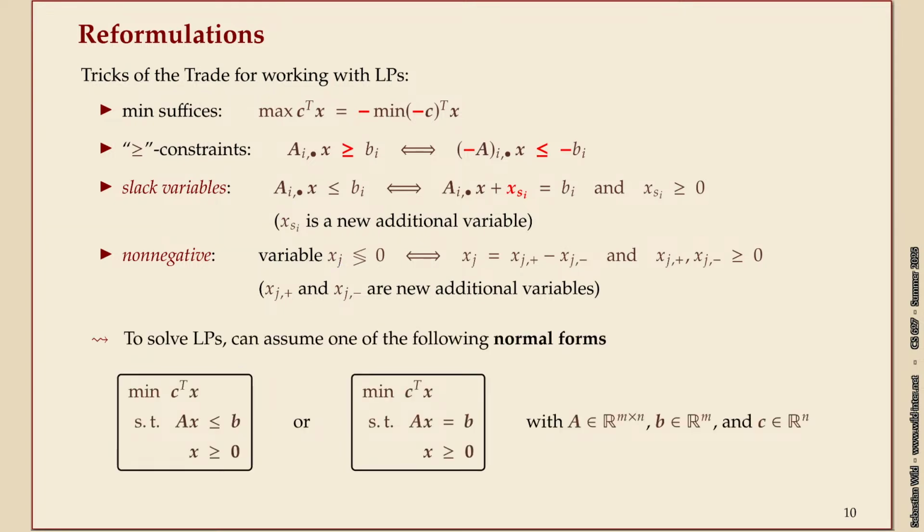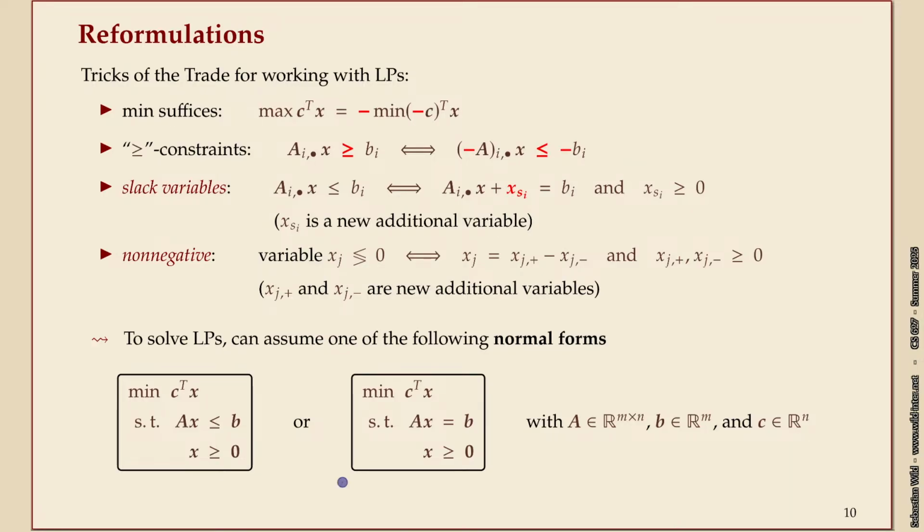And with these rules, you can get your LPs to have one of those two normal forms. Which one is more convenient depends on the way you look at it. Either you have only lesser equal constraints with only non-negative variables, or you have equality constraints with only non-negative variables. In both cases, we'll write A as this matrix m times n, and b is as big as we have constraints, c is as big as the number of variables n for the cost function.